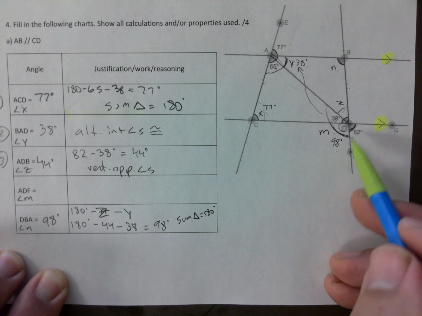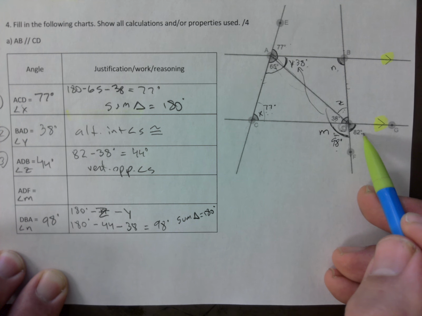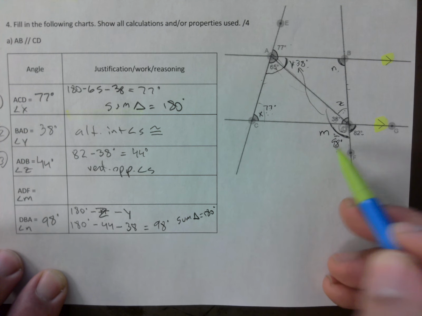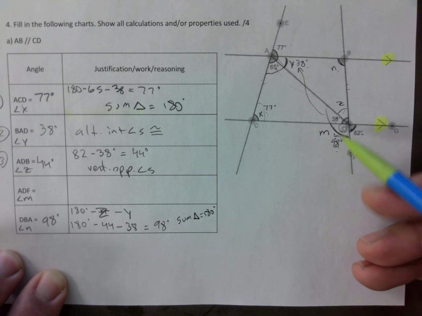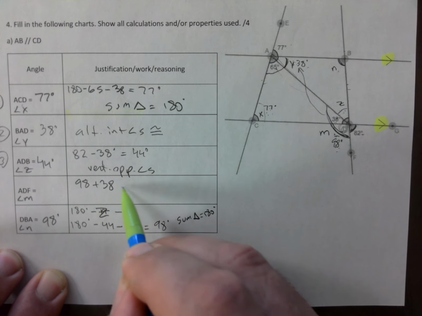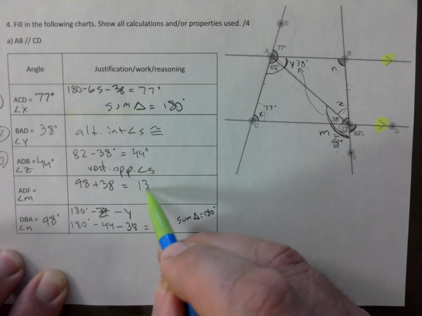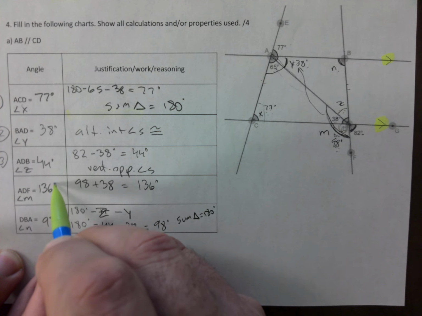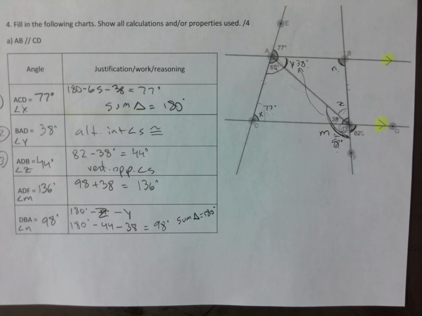So how did I get the 98? Because these 2 are supplementary to each other. That's how I got the 98. But it's 38 and 98 combined that make up M. Okay. Fun stuff, eh? And 36 not. I don't have a property for that one, so I'm just gonna leave it like that.